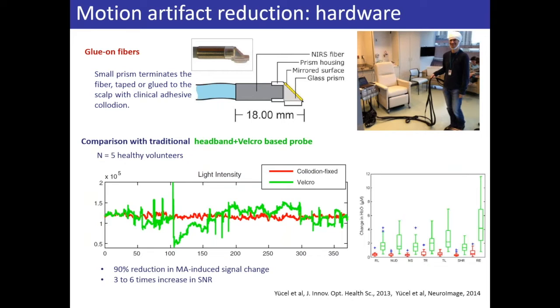Here, for instance, RL is moving the head to the right and left. This is nodding up and down, and this is talking. On each of these different movements, we observed a different amount of change in the signal. Interestingly, raising eyebrows resulted in the highest signal change because, as I mentioned before, it moves the skull. But glue-on still worked well here. You can see the results from glue-on fibers.